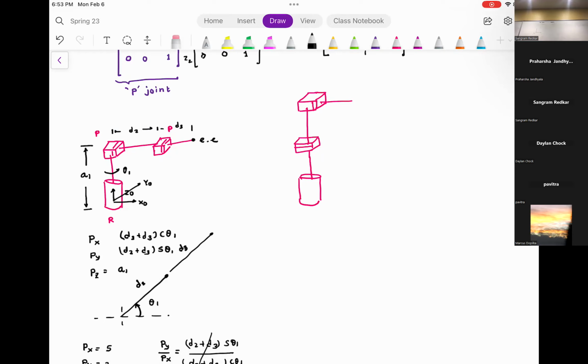What is the ratio, and how do you calculate inverse kinematics for every method? Basically, there are two tricks. First, you take the ratio, or you square and add, or you convert sine into the tan formula.